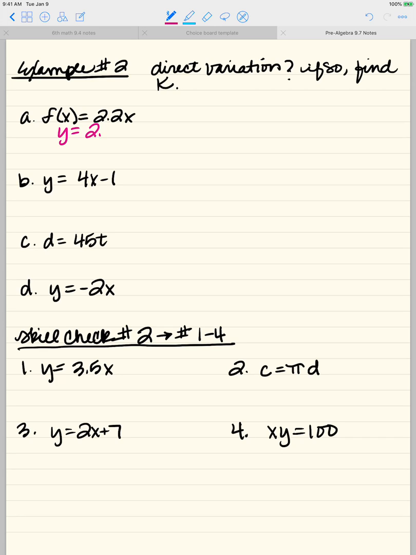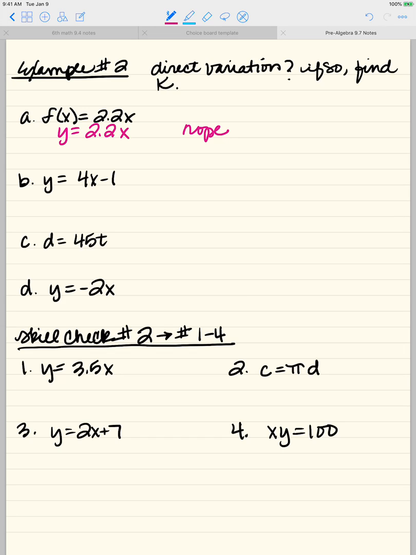So this is y is equal to 2.2 times x. At first glance, most of you are going to say, yep, this is a direct variation. It is not. And the reason that it is not is because k cannot be a decimal. So this is not a direct variation.